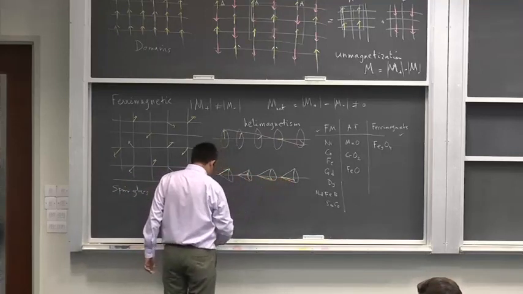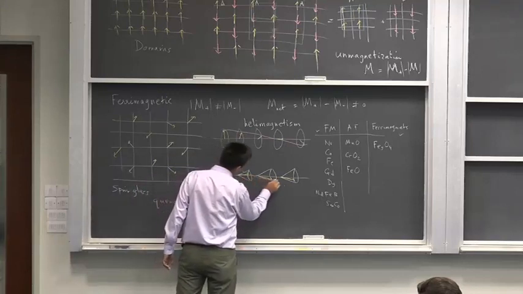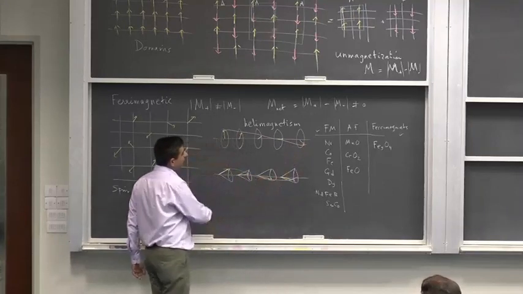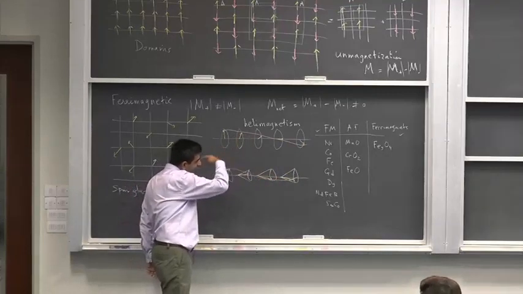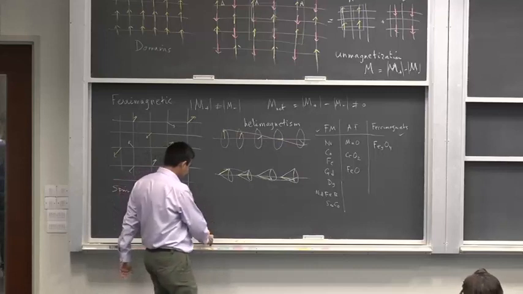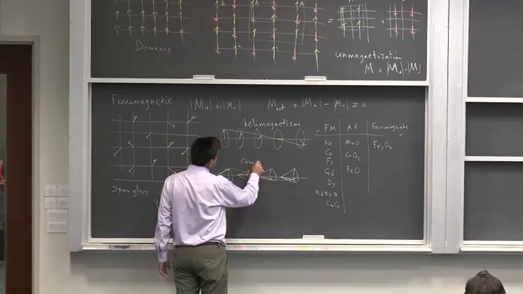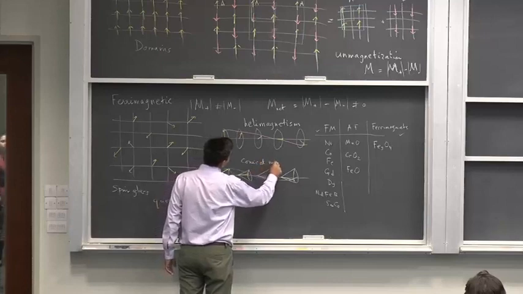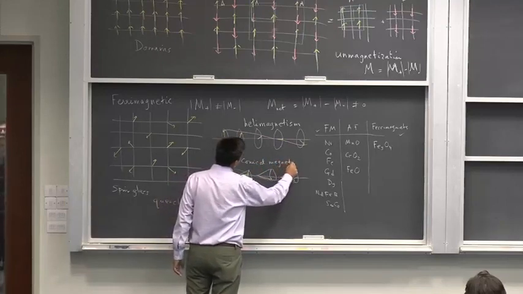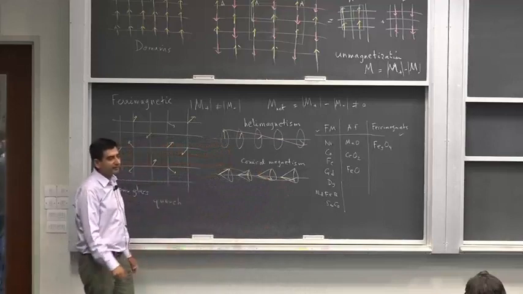Once again, you have a helical kind of structure, but now the arrows, which are the spins, lie on the surface of a cone. This kind of magnetism is called conical magnetism. So there are different kinds of magnetic ordering that can exist.